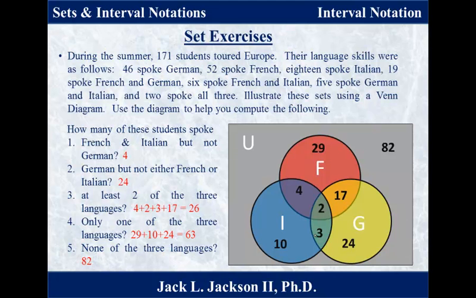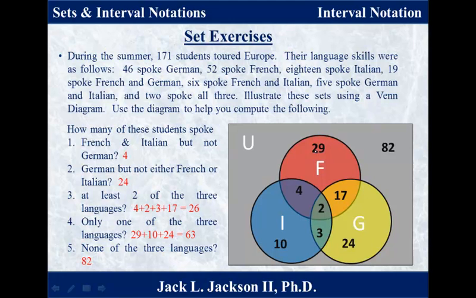So notice how we started in the center, worked our way out. Let's keep working our way out. There are 52 that spoke French. Well, we already have 4 here, 2 here, and 17. So add those together. Let's see, 17 plus 2 is 19, plus 4 is 23. And if we add 29 more, that will be 52 French.